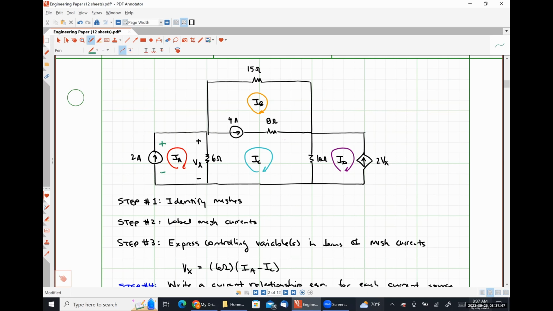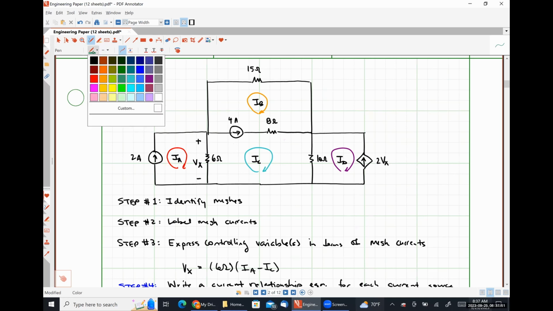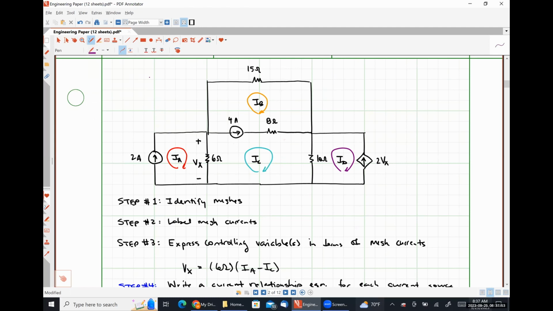Okay. So a super mesh is the smallest possible combination of meshes that avoids taking the voltage drop over the current source.